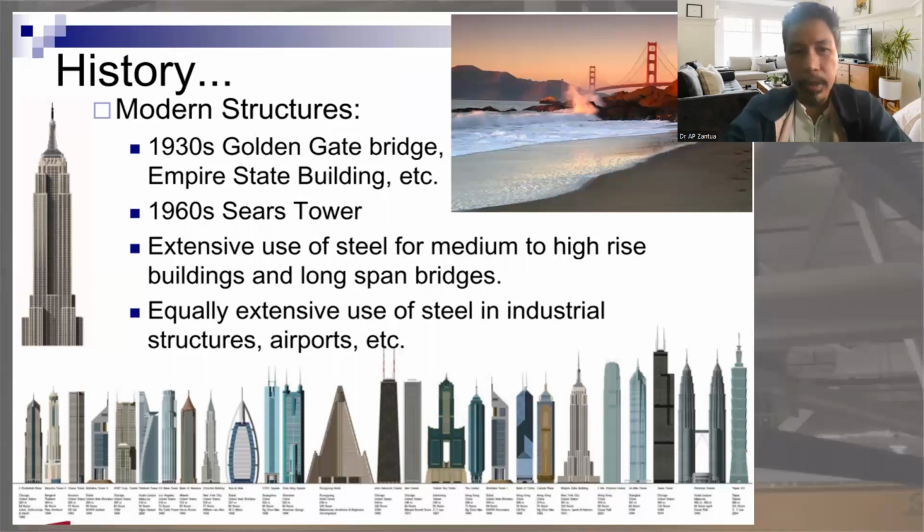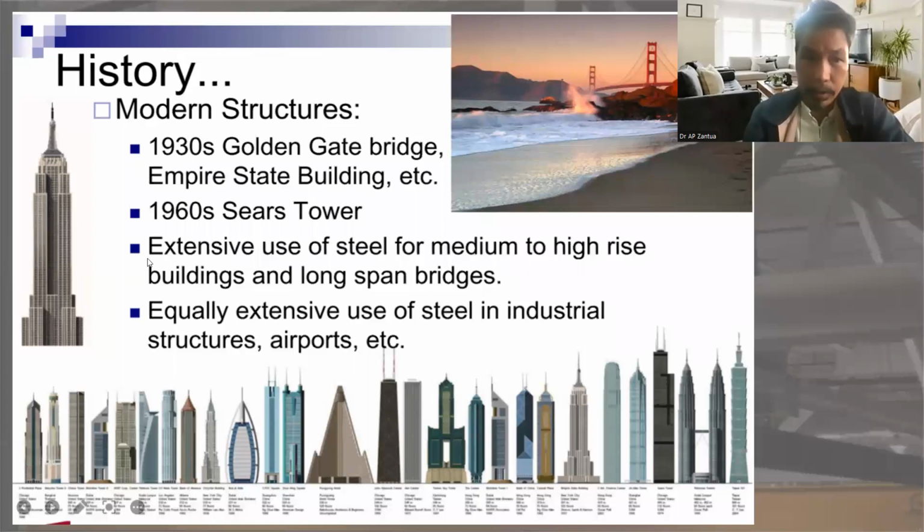Modern day history. In the 1930s, the Golden Gate Bridge, a very famous bridge in California, as you can see in the picture above. And also the Empire State Building in New York.